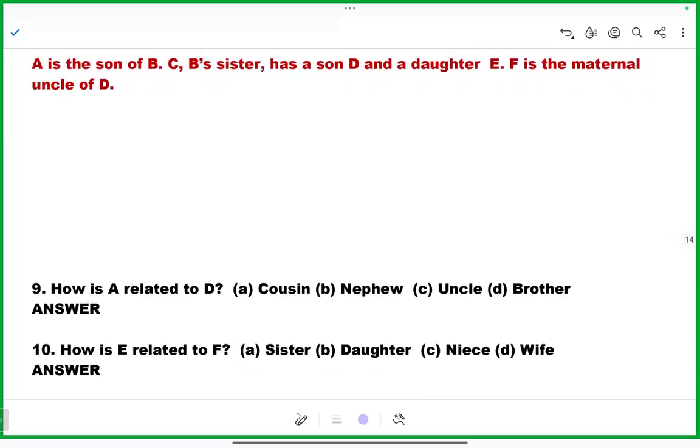Let's try to solve this. Let's take time. Slowly we will solve, because this is a little complicated.